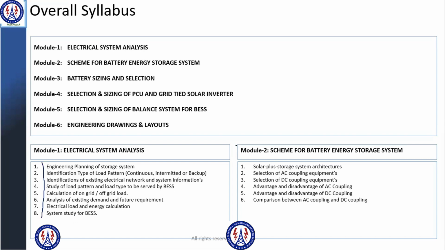Module 2 is about deciding the scheme, right? Decide the strategy for which your client is looking for a solution, whether it could be an AC coupled solution or a DC coupled solution. How to decide, right? It's an important thing, or I would say a pivot where you can take the decision and move in that direction, and that would be right if your understanding of the problem statement is correct.